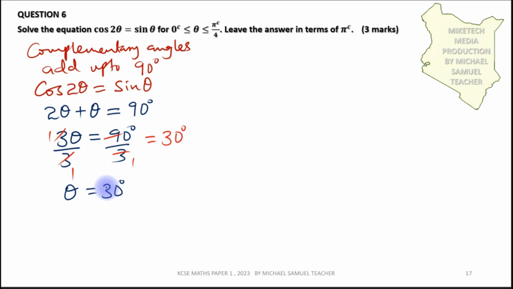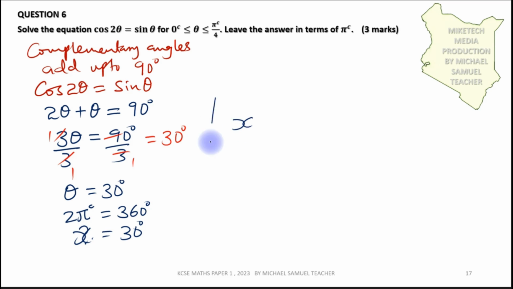So we need to convert this to pi radians. We know that 2 pi radians is equal to 360 degrees. What about 30 degrees will be equal to what? So let's say x.